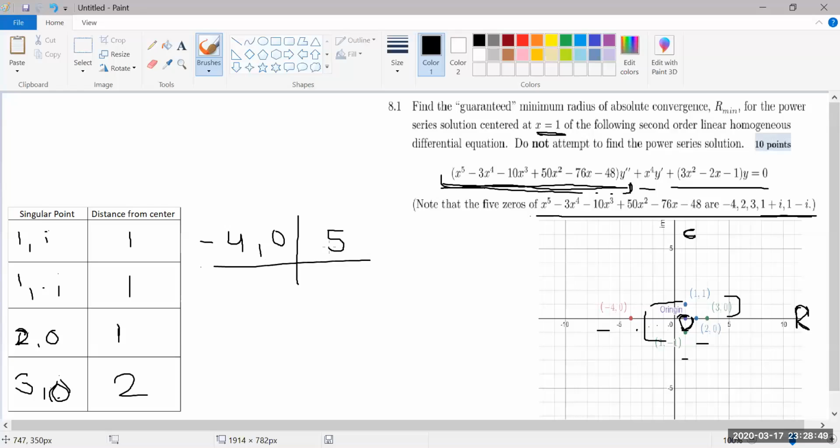So we have a lot of numbers going on here, but remember that your minimum radius of convergence is going to be the shortest distance to the nearest singular point. In this case, we have 3 points hovering around this radius that would cause problems. So that's why we can say that our minimum guaranteed radius of convergence for this power series solution is 1.